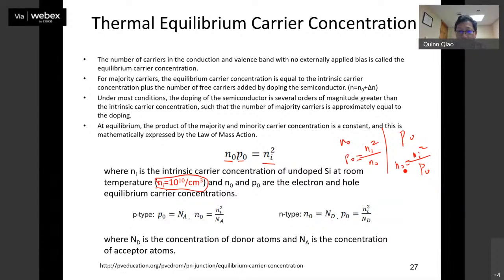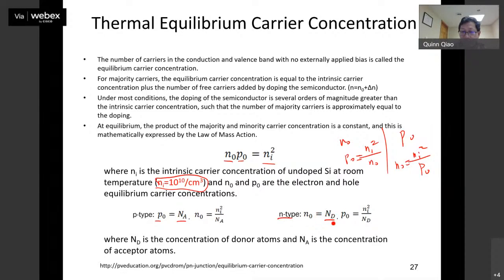And then typically this n0 or p0 depends on the doping. If this is an N-type doping, then p0 is equal to Na. Na is the acceptor concentration. The acceptor here is boron, so how much boron you doped into these silicon wafers. If it's P-type, the silicon wafer gets extra electrons from a donor, that's phosphorus.